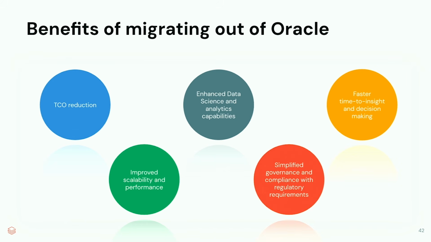Your governance will be simplified, especially if you decide to use ML and GenAI, because you will be able to govern your model the same way you govern your tables, your columns, your rows, and so on.